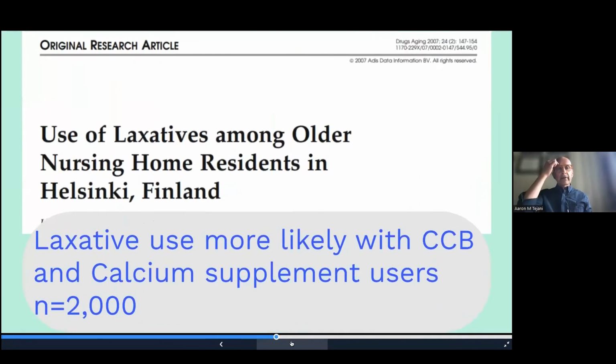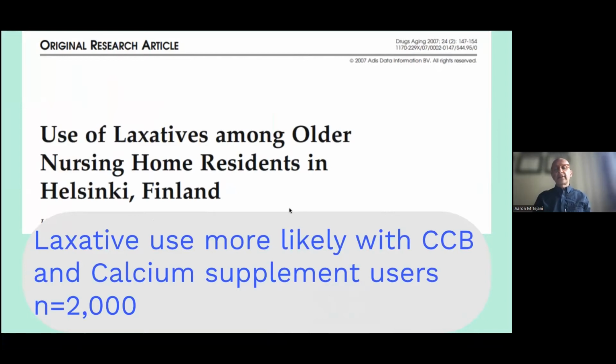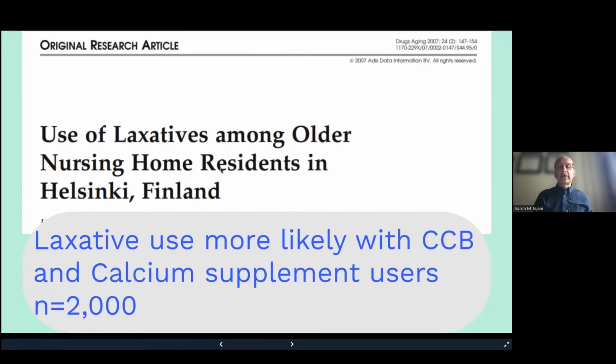Furthermore, another review looked at the use of laxatives among older nursing home residents in Finland, and they noted that laxative use was more likely with calcium channel blockers and calcium supplement users. So something to consider when you're looking at someone that's complaining of constipation and looking at their medication list for specifically mirtazapine because it's so common, and then asking questions about calcium supplements with their use of over-the-counter medications.